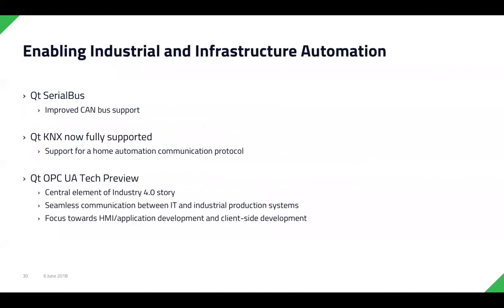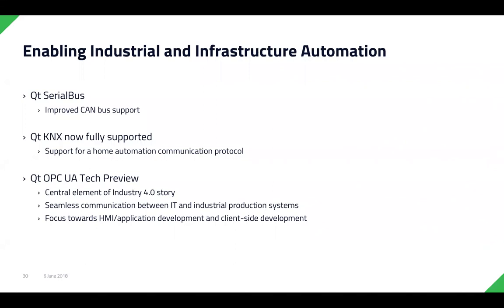We've done quite a bit more work also in helping industrial and infrastructure automation. We've improved our CAN bus support in Qt Serial Bus, with a couple of new features there, and fixed a lot of bugs. We are now fully supporting the KNX protocol for home automation.